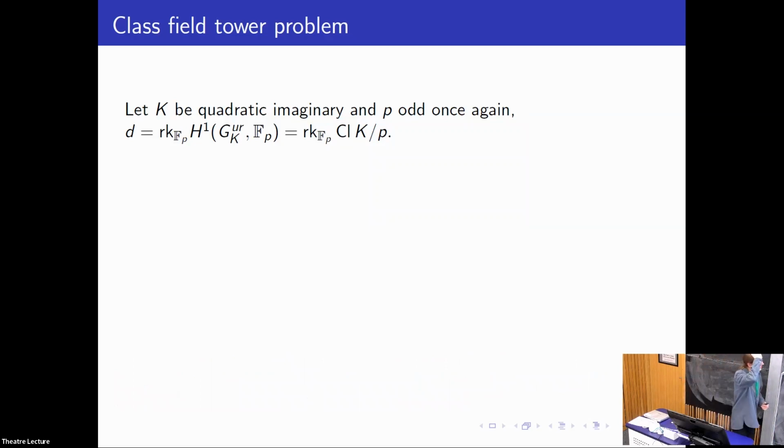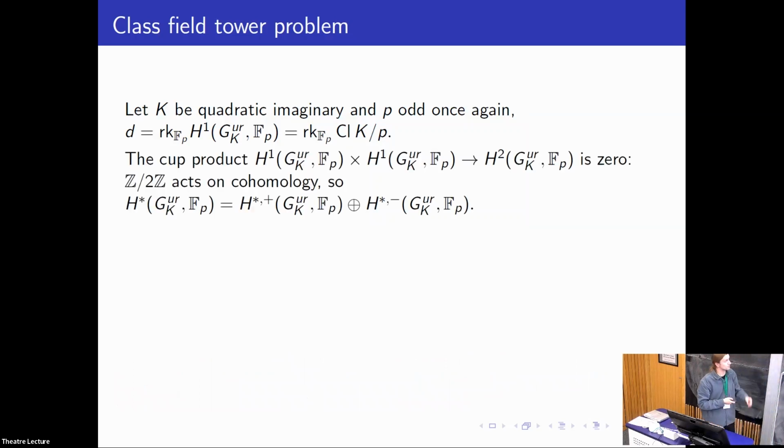So now let's specialize to the case where K is quadratic imaginary, p is odd, and D is equal to this K mod p. Then the cup product from H1 of G_S with coefficients F_p to H2, that's 0.